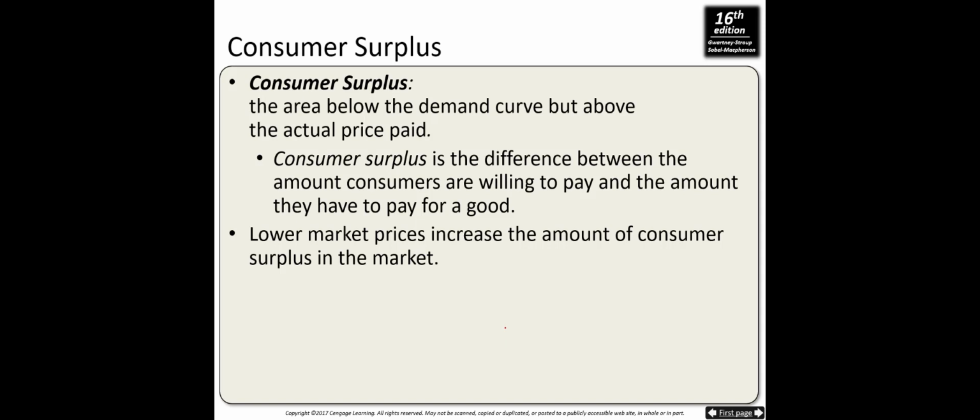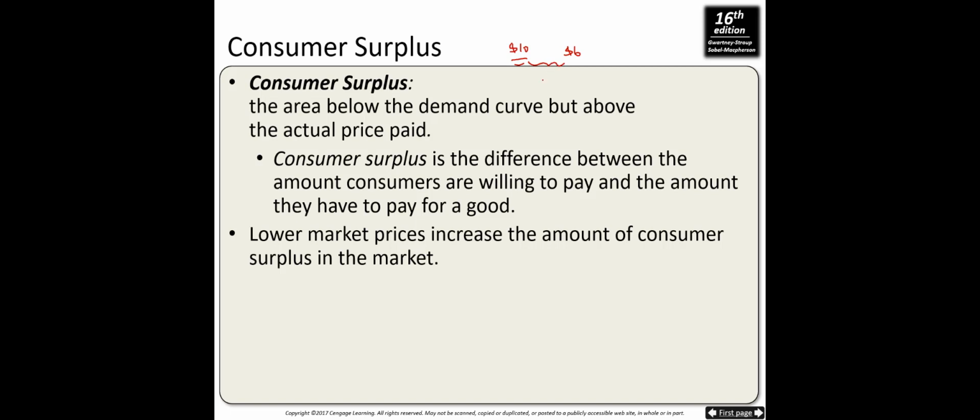Consumer surplus. So what is consumer surplus? Consumer surplus is actually when you think that you get a bargain. So for instance, you are willing to pay $10 for a hamburger because you're too hungry, but then you see that the price of the hamburger is $6. So this $4 is your consumer surplus.